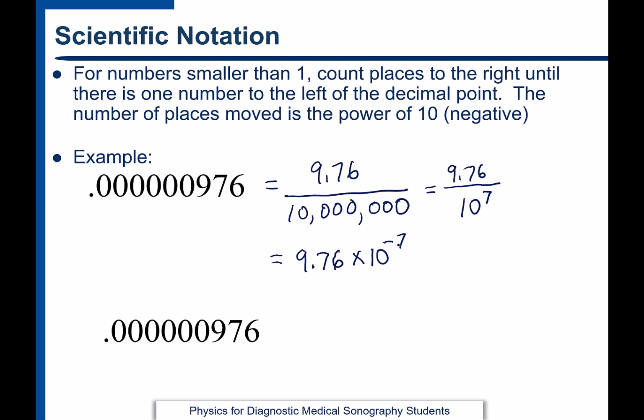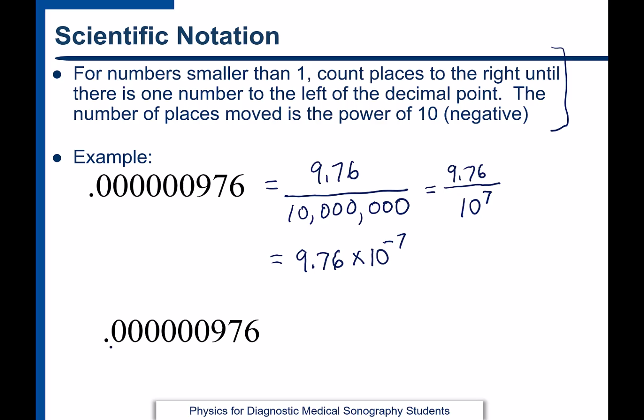And that would be the number in scientific notation. Now again, once you understand that concept, there's a much quicker way to get to the answer, which is to use this rule. So it says for numbers smaller than 1, count places to the right until there's one number to the left of the decimal point. So again, that's our standard notation. The number of places moved is the power of 10, but now it's a negative power of 10.